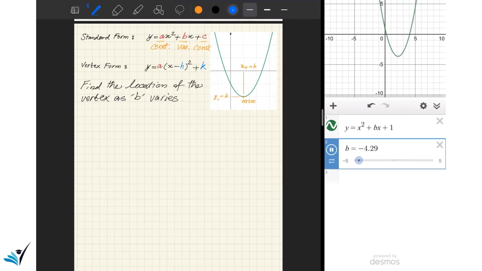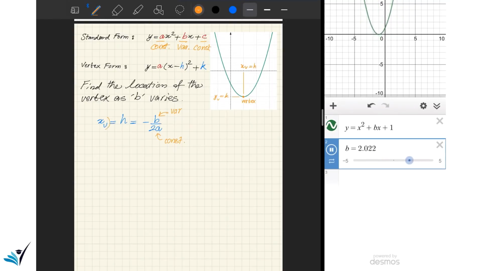We already know the relationship between x and y coordinates of the vertex and the constants h and k in the vertex form. So based on that relationship, we have x sub v is equal to h, which is equal to negative b divided by 2a. And as a reminder, b is a variable here and a is a constant. So I'm going to use this relationship to find the variable b in terms of the other two variables x sub v and a.